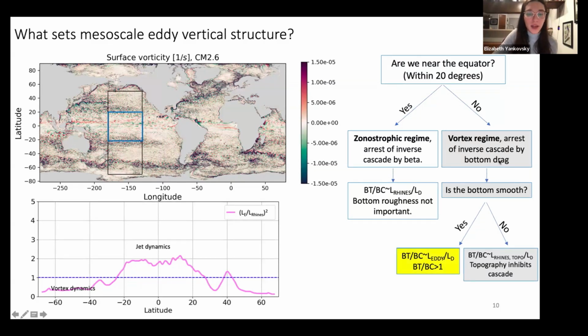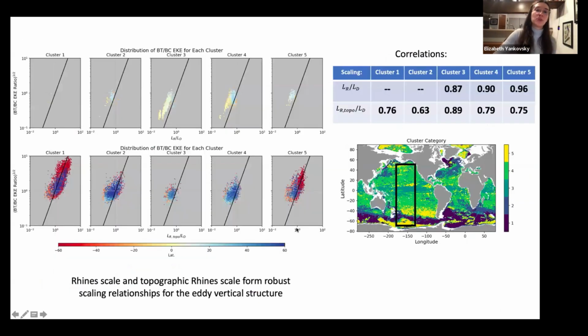I tested that approach, and this is showing the results from that. On the top, I'm showing the scaling for the low latitudes, so this is the beta plane situation. And on the bottom, it's the f-plane case. The scaling relationship here is the Rhines scale divided by the deformation scale, and on the y-axis, we have the barotropic to baroclinic partitioning.